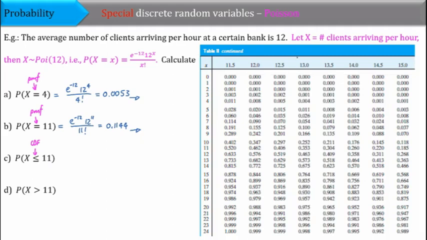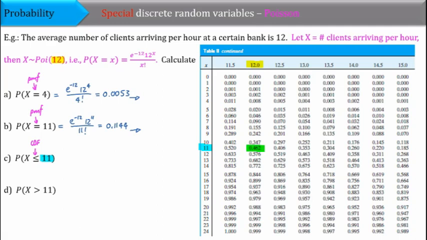So we will look for the Poisson table, which has a column for lambda equal to 12. So we identify that column. Then we have x less than or equal to 11, so we identify the row for x equal to 11.